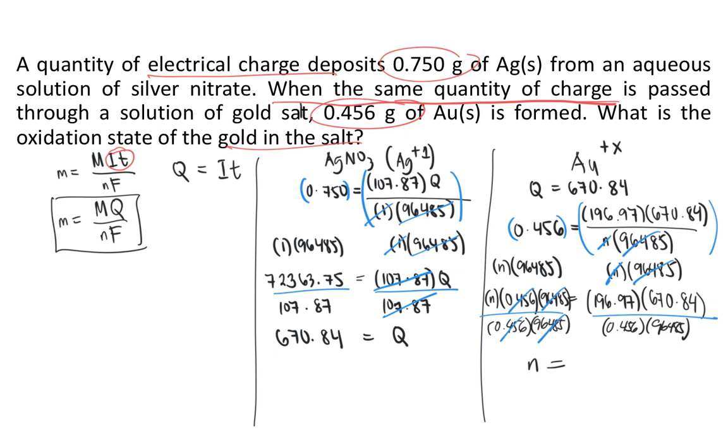The answer must be rounded to a whole number because it's an oxidation state. The answer is 3. So the oxidation state of gold in the salt is positive 3, or you can write it as gold +3 or Au3+. This is the answer to the question.